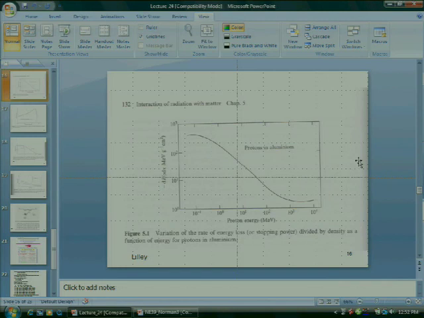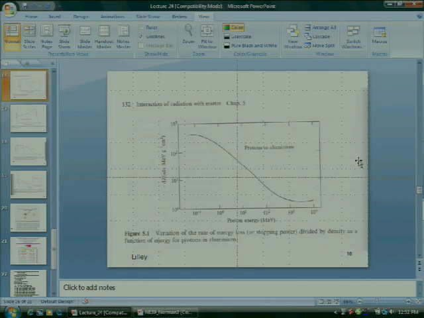So this shows the rate at which these protons, for example, are losing energy in aluminum. And so here what you're doing is you're shooting protons of various energy into aluminum and using that Bethe-Bloch formula to calculate the energy loss, the amount of energy in MeV per gram per centimeter squared that the protons traverse. This is plotted against the proton kinetic energy.